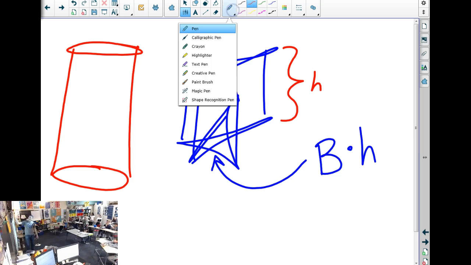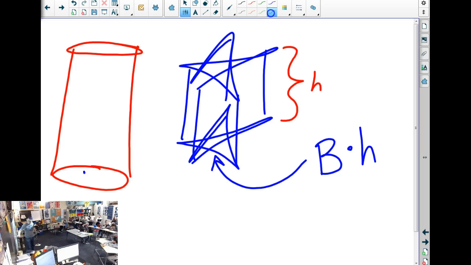So hold up, real quick. In a cylinder, still Big B is the area of the base times the height, but in a cone, we still do the same thing, but because it's a cone, it's actually 1/3 the area of the base times the height.